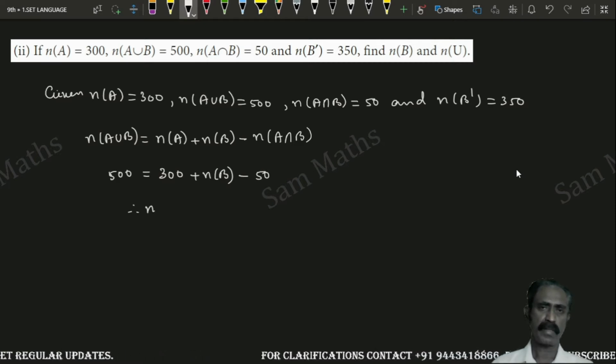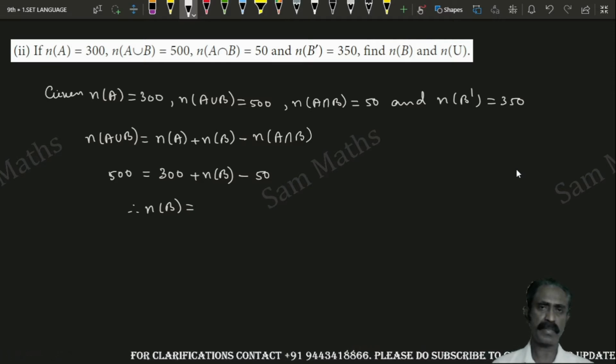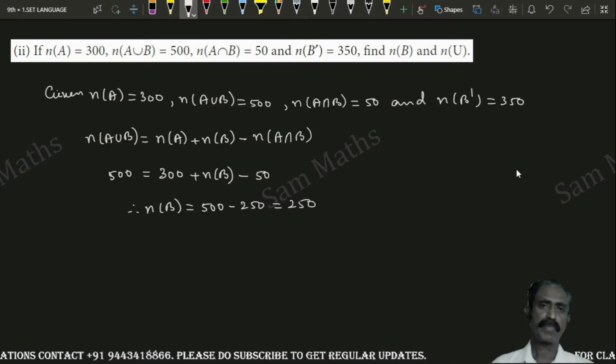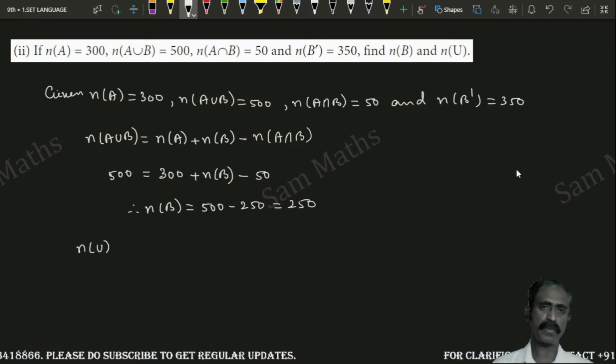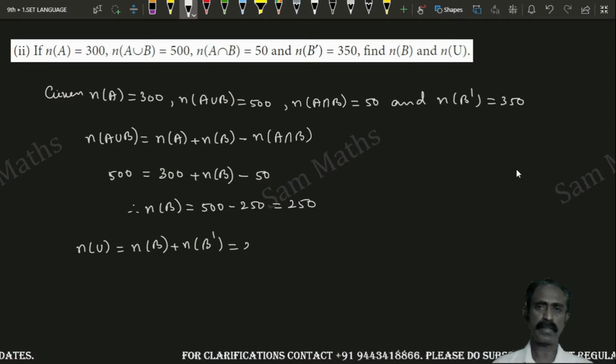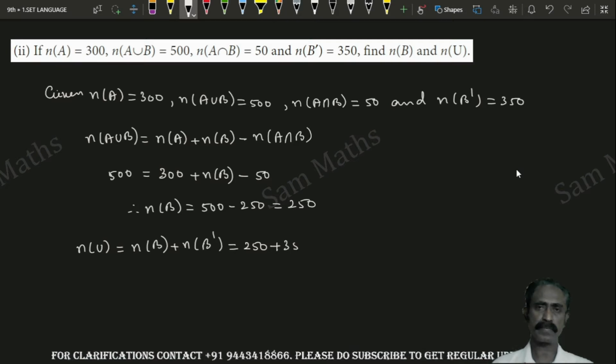Therefore, n of B is equal to 300 minus 50 is 250, that is 500 minus 250, that is equal to 250. Also we have to find n of U. N of U is equal to n of B plus n of B dash, which is equal to n of B value we got it as 250 plus n of B dash is 350. While adding that we are getting 600.